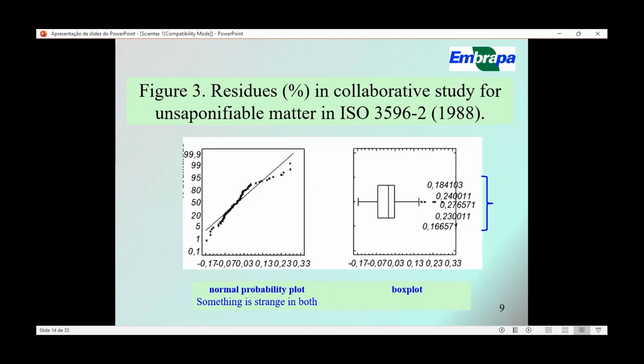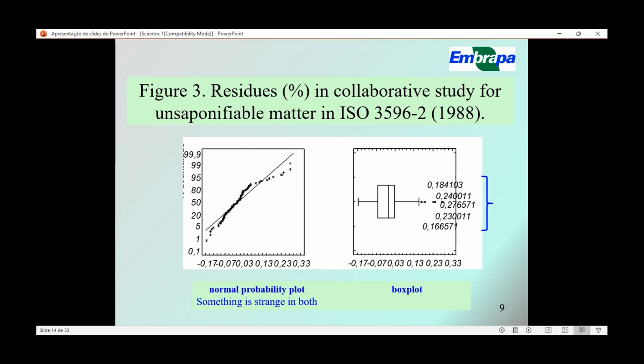Applying the model, we can check it by studying the residues of the model. In figure 3, we have the residues percent in the collaborative study for unsaponifiable matter in ISO presented before. In the normal probability plot, we can observe one curve.